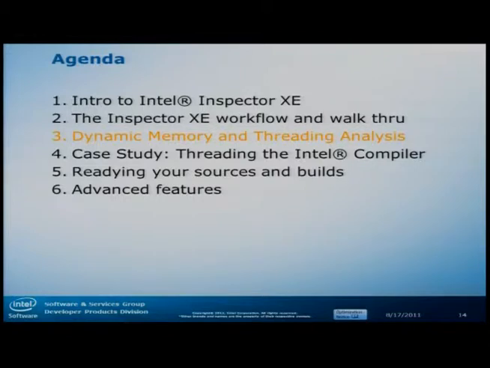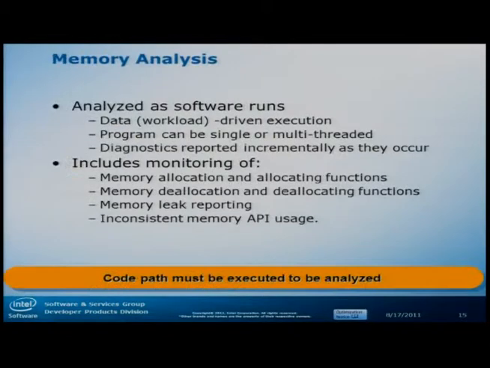Okay, so that's kind of a quick walkthrough of what's going on. Next, we'll talk a little bit more about the details of how it works, and I think I may have talked about most of this. So, it's data-driven: what we see is the execution based on the data you apply to the program. This is not a static analysis. The program runs and we're watching the program as it runs.